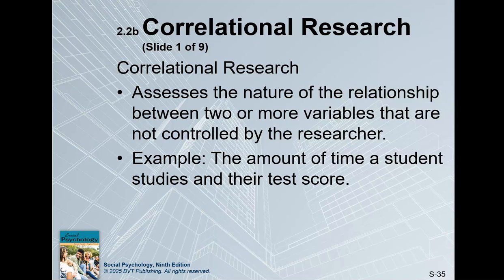And that talks about the nature of the relationship between two or more variables that are not controlled by the researcher. So it gives this example like maybe the amount of time that a student studies and their test score.